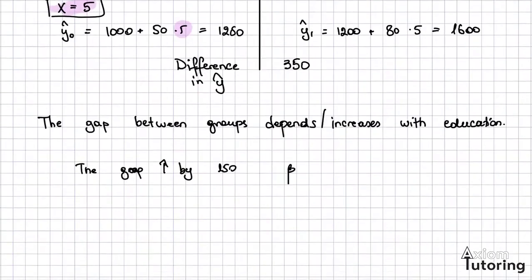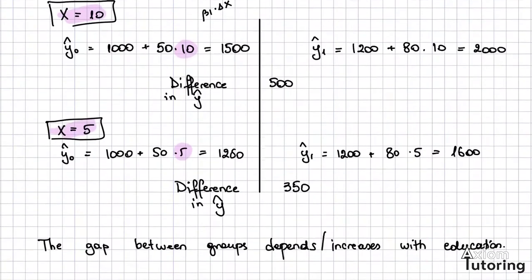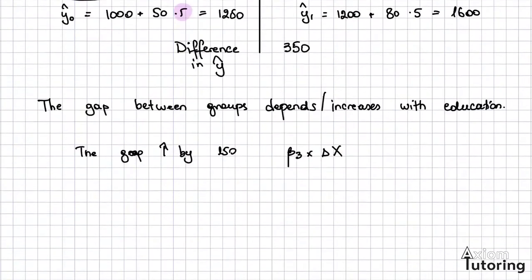So beta 3 times any of the changes that we have in x. If you concentrate only on the first group, it's just going to be beta 1 times any changes in x, because beta 1 is the only thing, just within the group. However, if we look across groups, that's going to be beta 3 times the changes that are happening in your x, which is, in this case, simply the 30 times the 5.